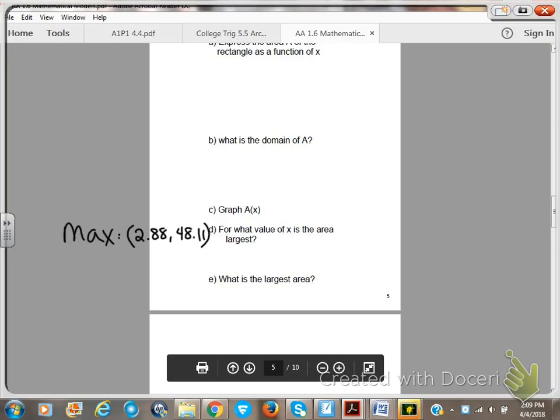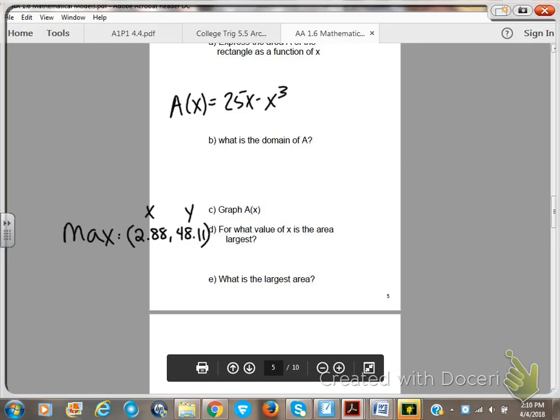Now, normally an ordered pair is always x comma y. Agreed? Now in our equation, A of x equals 25x minus x cubed, we still have the x here like normal, but instead of y, what's in the y spot?